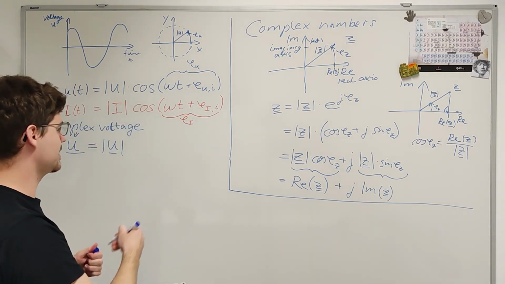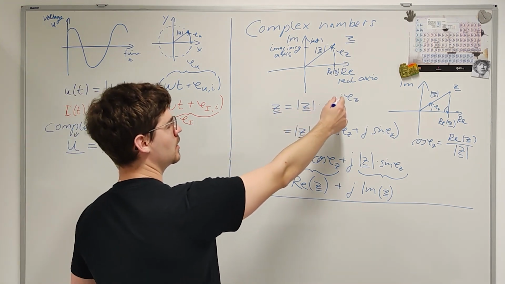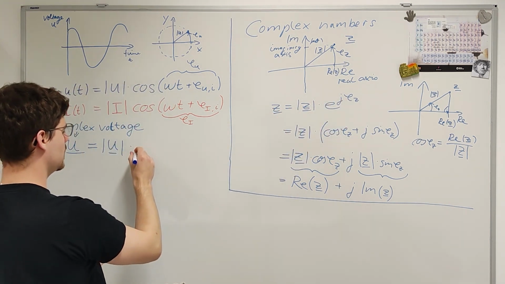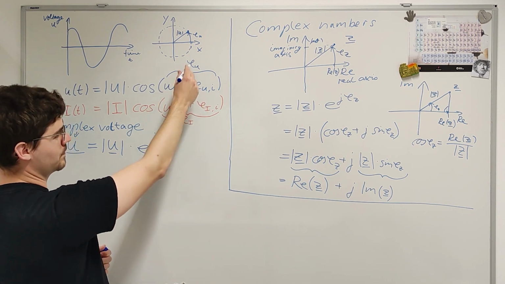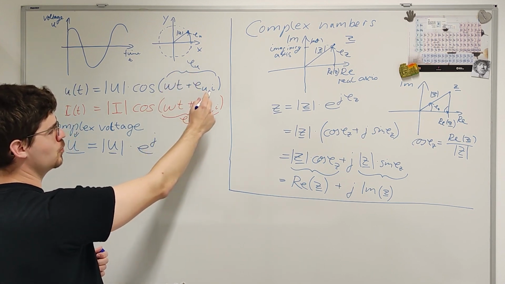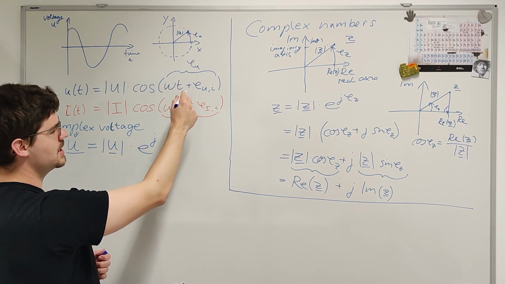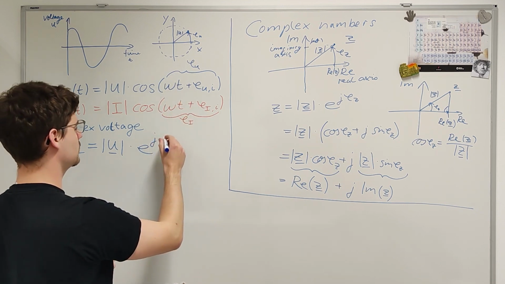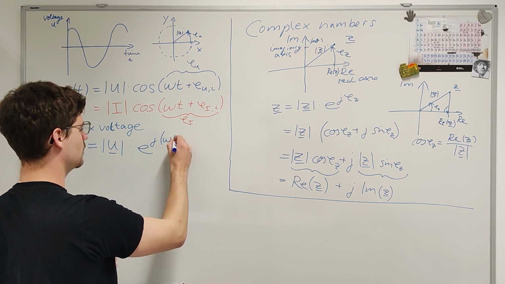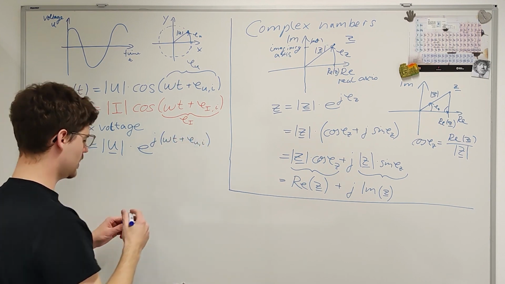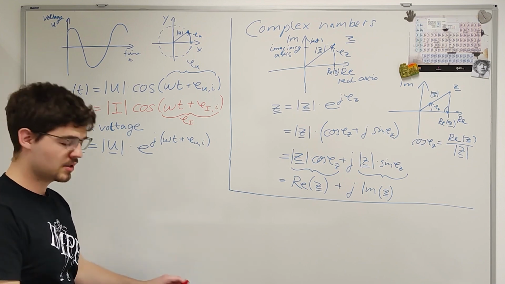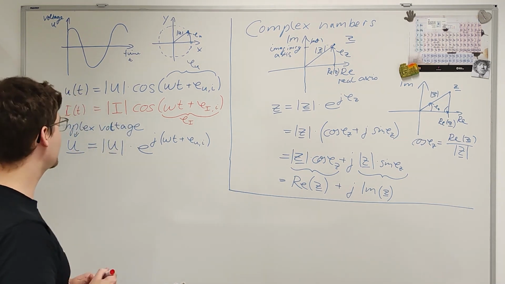And now, if we plug this into this form, we have some phase angle, and we represent this as e to the j phi u, and phi u we know here to be omega times t plus phi u initial. We can write this in completely analogous form for the complex current.